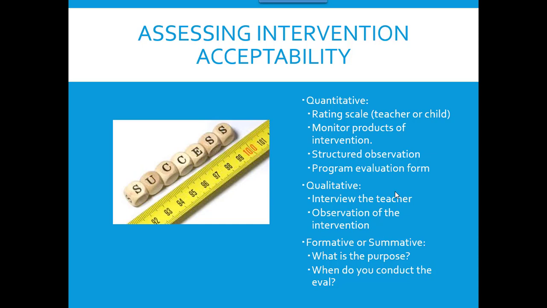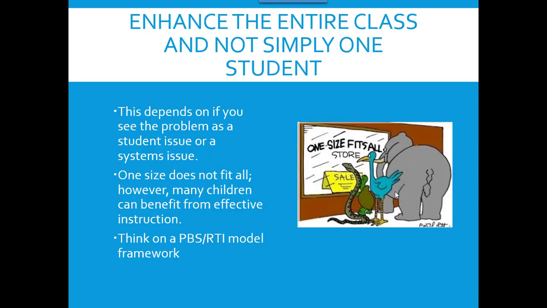And then there's the difference between formative and summative evaluation. Formative is done as you go along to see, are we seeing that it's working and it's acceptable as you go along. Whereas summative would be, we did the entire thing and now we're looking at, did it work after the program is completed.